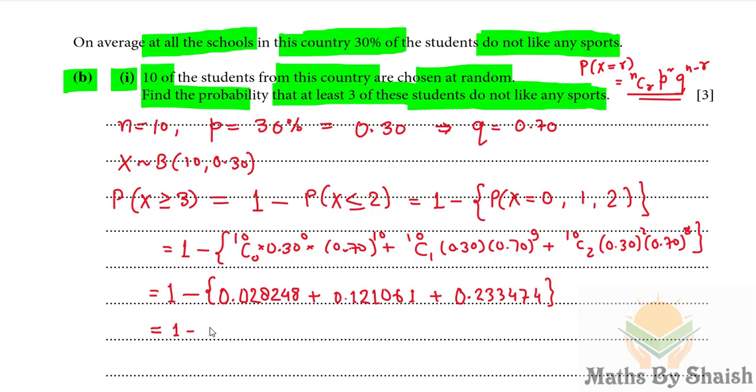This is coming 0.38278. So this is going to be 1 minus, so this is 0.706172 and so on. So till 3 significant figures, our answer is 0.617. I hope it is clear.